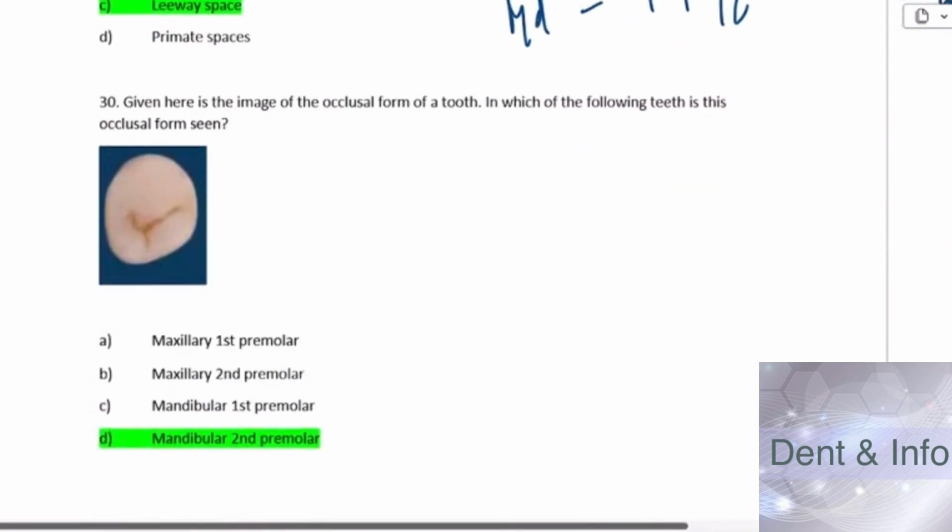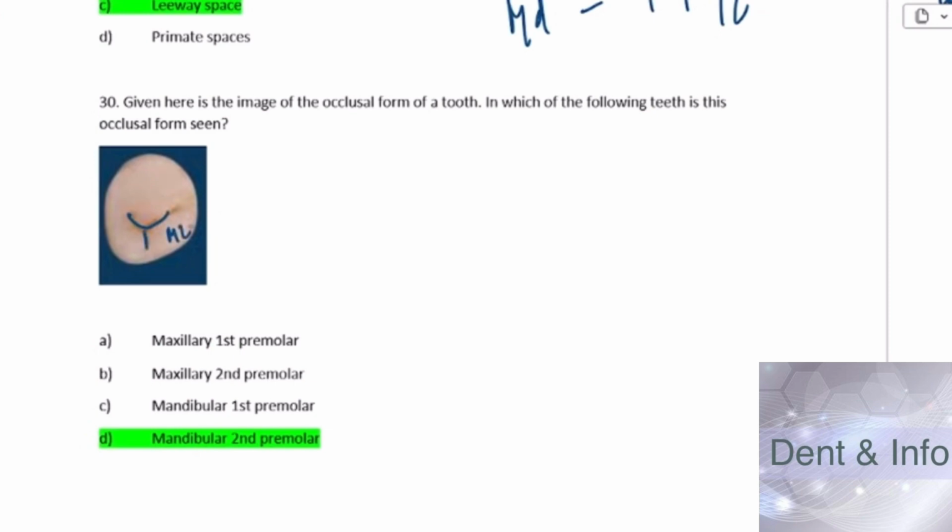Next, given here is the image of the occlusal form of the tooth. In which of the following teeth is this seen? So this is a premolar, and we could easily make out that the occlusal outline is Y-shaped.